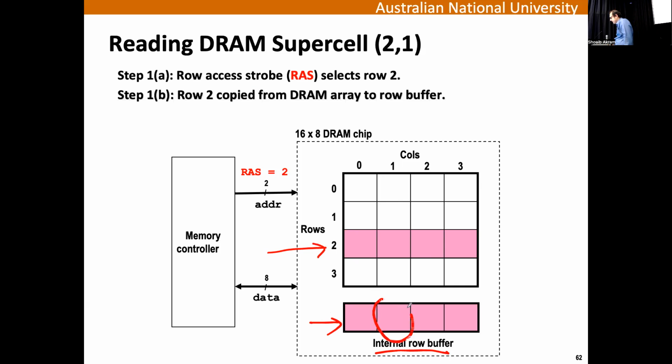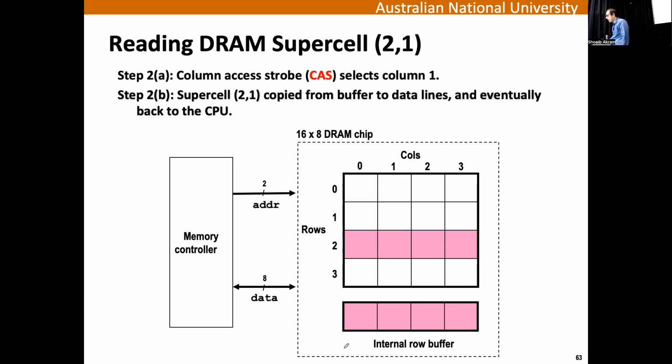If I want the 8 bits stored in this supercell, what do I need to do now? This is my column. This time I send a column access strobe, and I read the 8 bits. I send these to the processor.